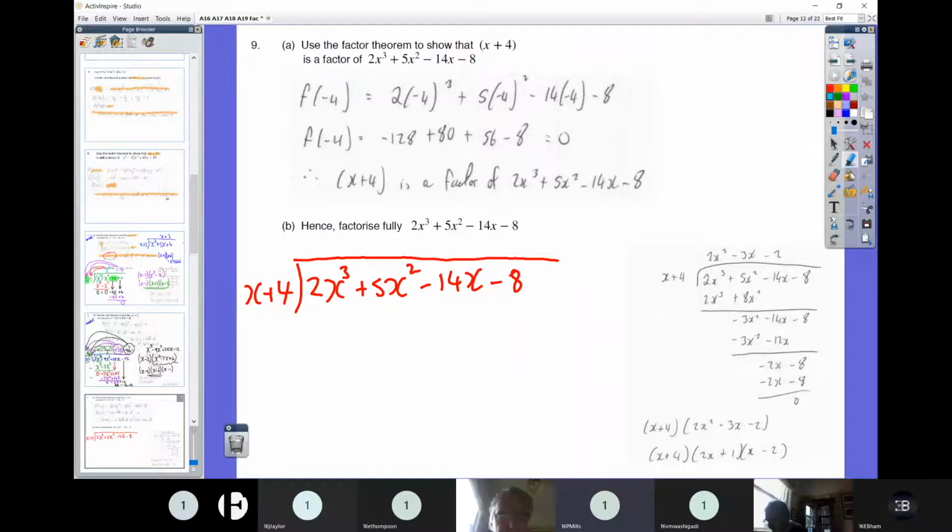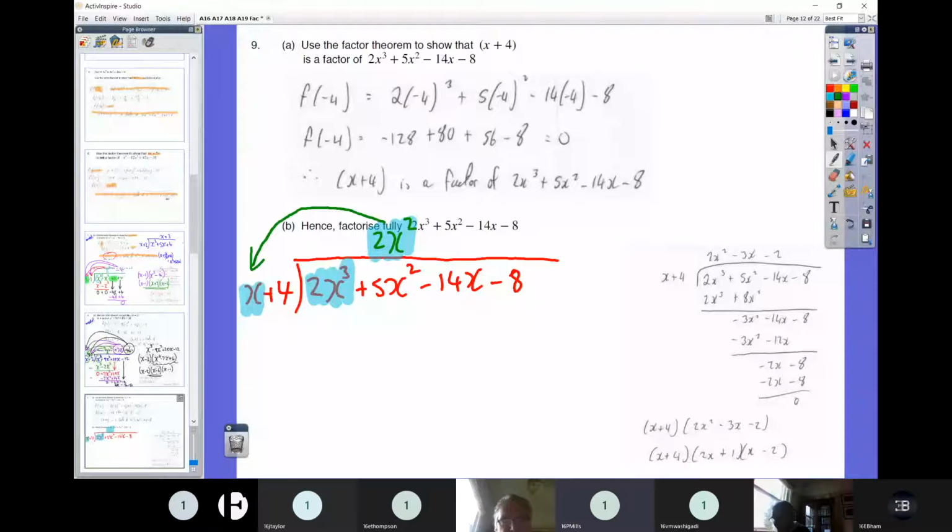The 2x cubed and the x. Lovely, exactly right. So you say to yourself, x times what gives you 2x cubed? 2x squared. Good, and just pop that over the x squareds because it's a nice thing to do. Right. Now what? Now it's the 4.